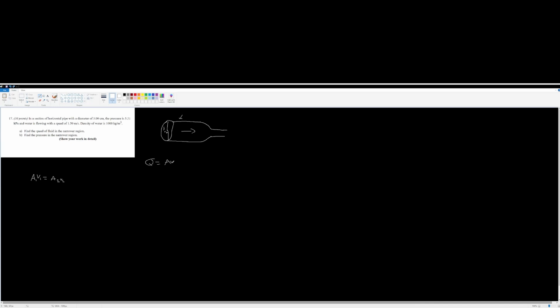And the reason that is, V being velocity, if you think of the volume flow rate as being meters per second times some area, is because you have some velocity here that the water is moving in at the beginning.